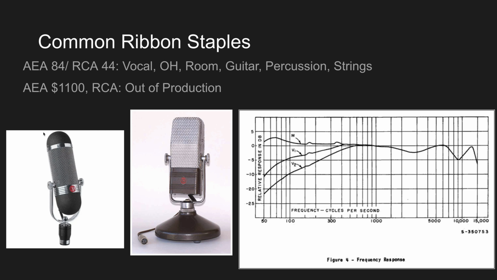Ribbon microphones are typically a little more expensive than the dynamic microphones you'll see, but an AEA ribbon microphone is $1,100. For me, that's a high-end ribbon microphone for a decent price. There are definitely more expensive ones, but we'll look at the frequency response of this one.